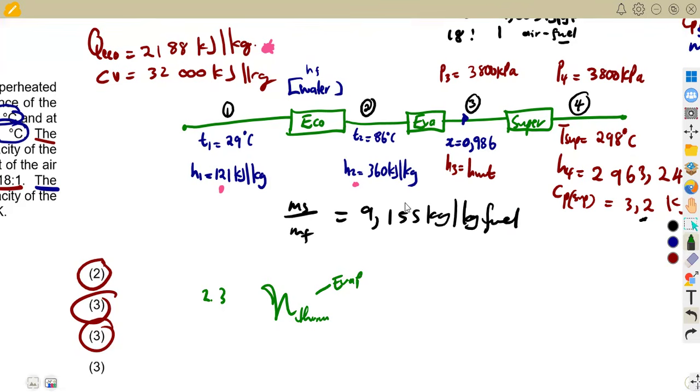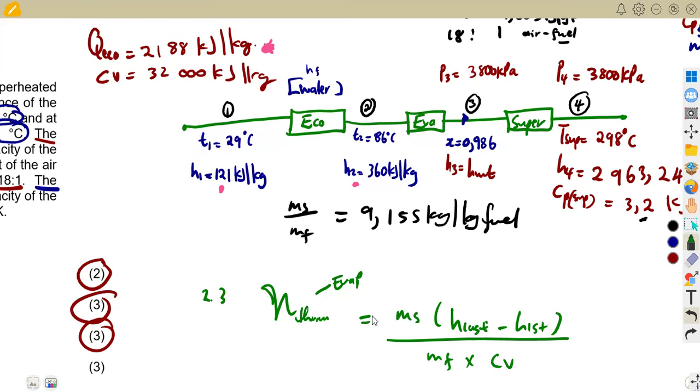Remember, the thermal efficiency can be for the whole plant, for the entire plant, where I said you are going to use the mass of steam over mass of fuel times H last minus H first, everything over the mass of fuel times the calorific value. But here, if we are to consider the evaporator, our last enthalpy at the evaporator is H3. We are not going back to the first one where the economizer is.